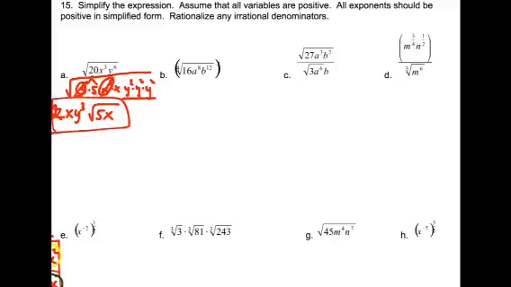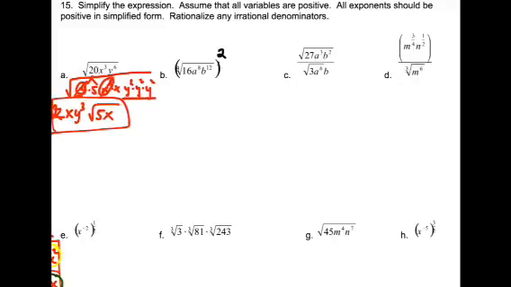For b, it's a 4th root, so we need 4 of the same. And then after I do the 4th root, I'm going to square it. I know on this copy it doesn't come out very clear, but there's a square right here. And maybe I should write it outside to make it more obvious. Right there, there's a square right there.